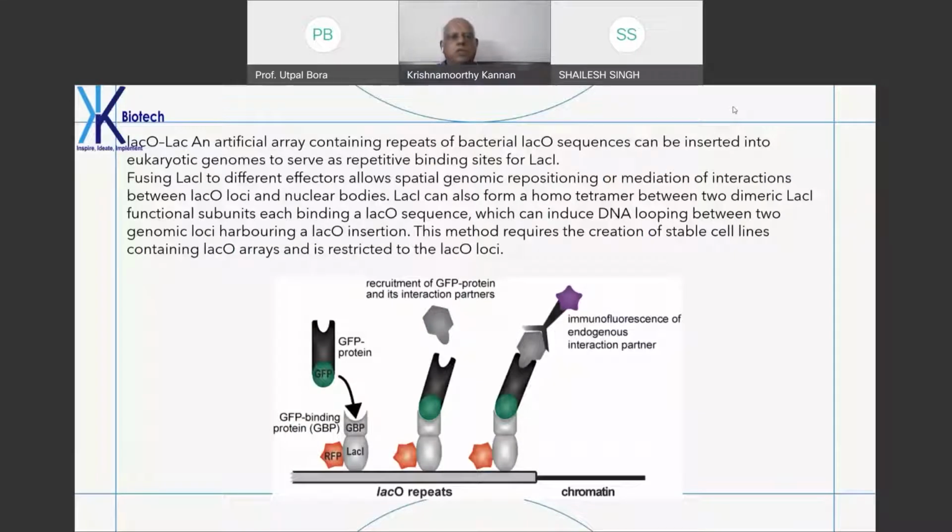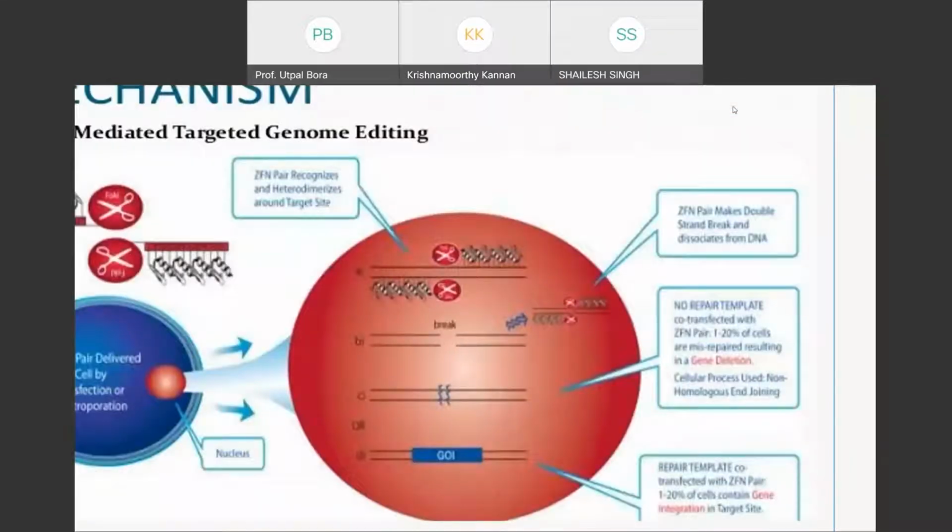So LacO is an artificial array containing repeats of the bacterial LacO sequence. Now you can design all this, thanks to genetic engineering, and design whatever you want which will bind there. You will hear more from the other speakers. And now you have to deliver this, and then the whole editing happens.